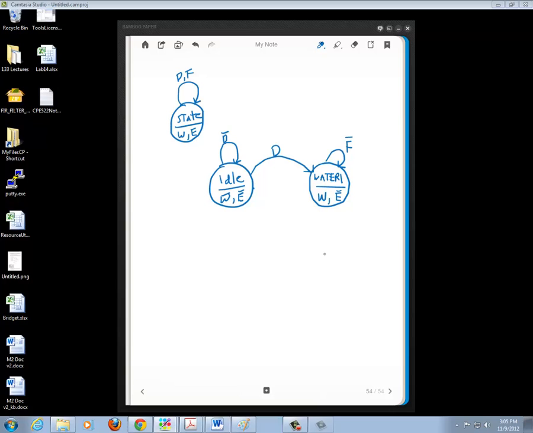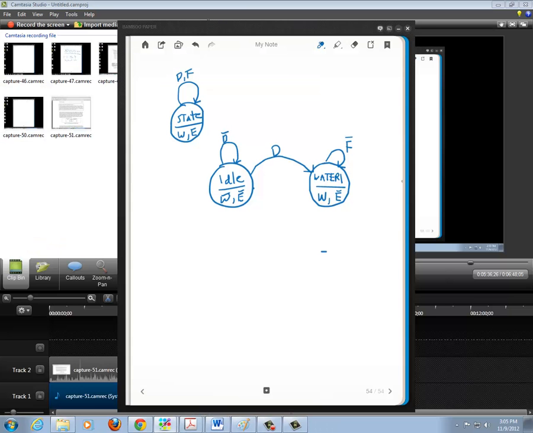Now, we want to go to a new state if we are flooded, because if we go back to this one, we have no recollection that we have already watered. So by starting a new state, we can remember that we already went through a watering state.